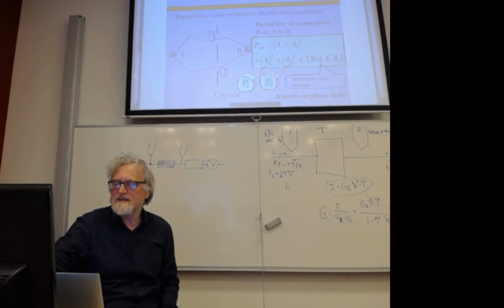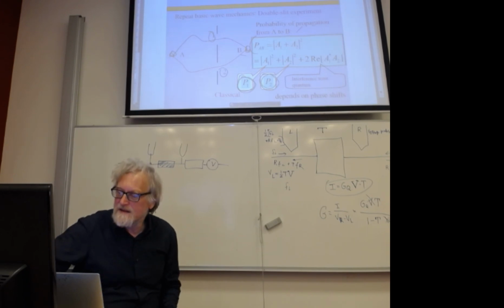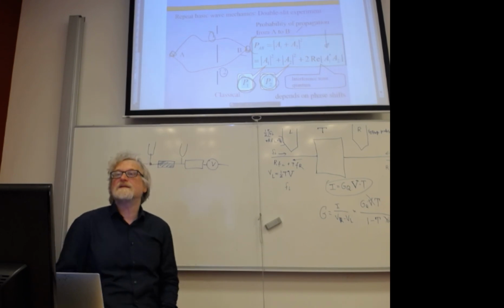So we need to square the sum. We get the classical terms, but in addition we have an interference term, which for quantum waves is quantum.